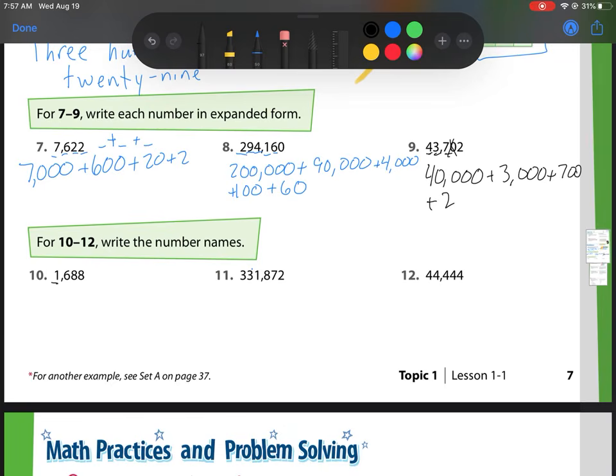So my first period, so that first comma is 1,000, and then my next one is what? 688.